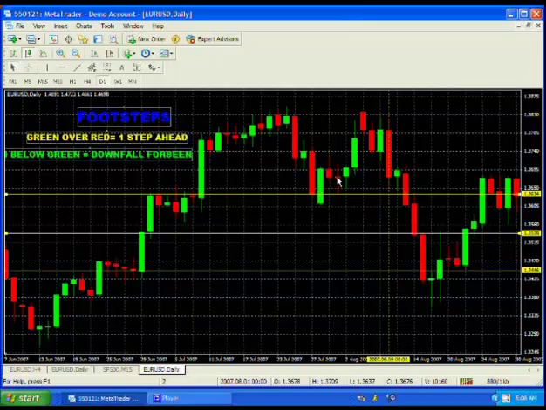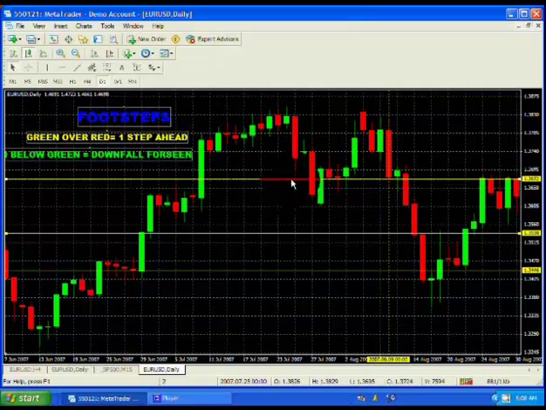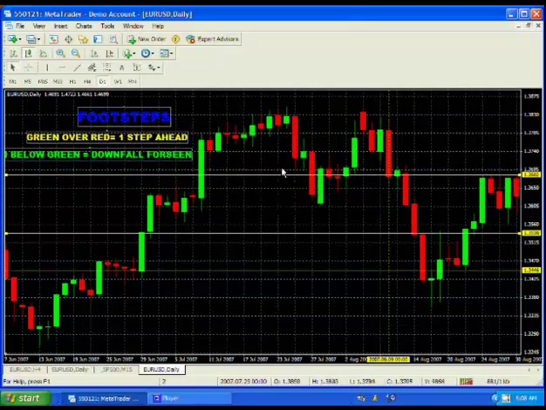And price actually didn't quite make it down to the body of this bar, but it went down at least more than 50% of this bar. See this pullback here after the green bar? And what did we have?